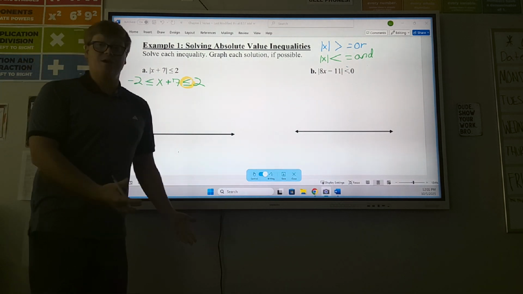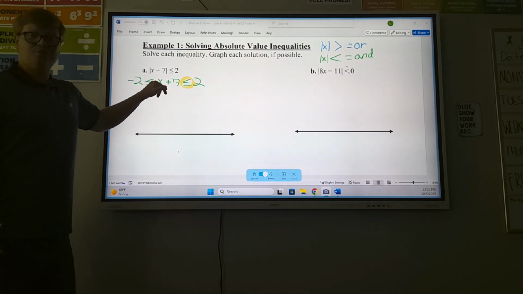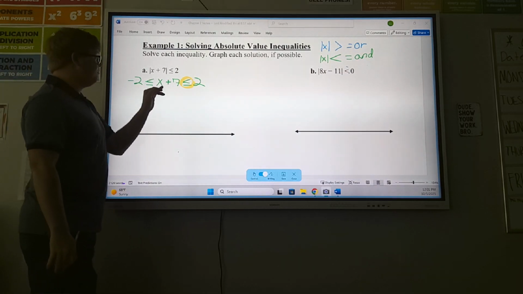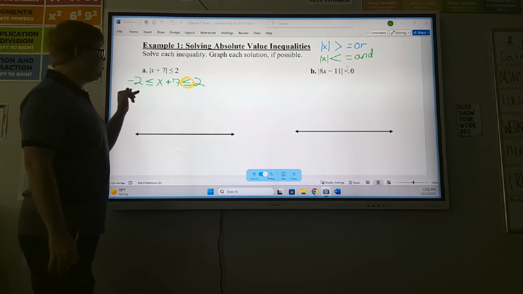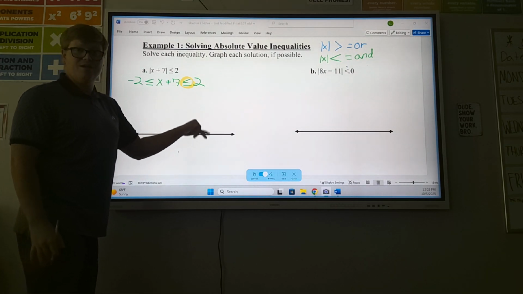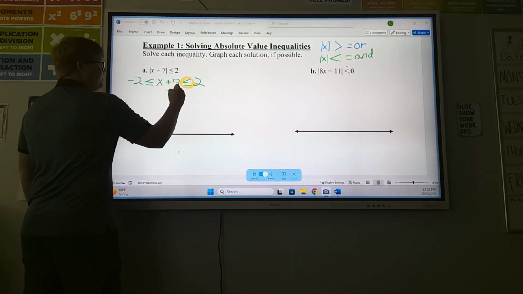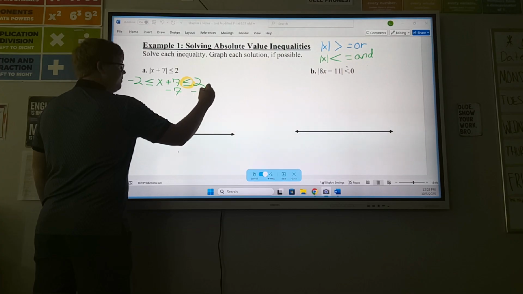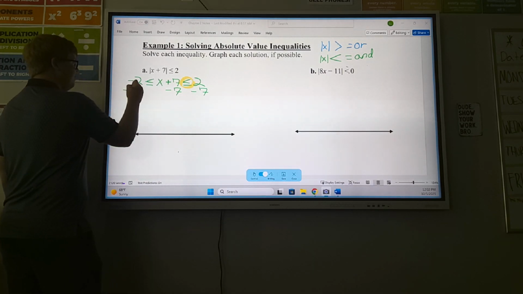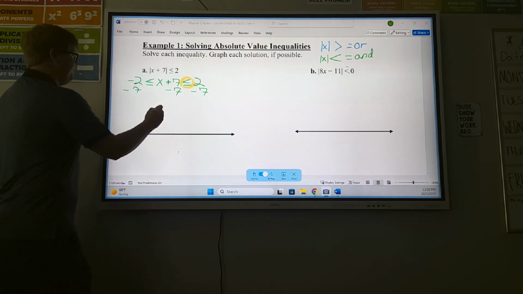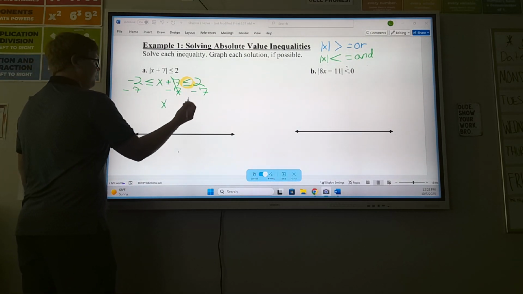Now we can solve both at the same time. We've kind of already talked about this, right? All we have to do is get x by itself in the middle. Now the only way to get x by itself is removing this positive 7, and in order to cancel out a positive 7, we have to subtract 7, make it 0, right? So we subtract 7 from both sides. And now we have x by itself in the middle, because this cancels out.